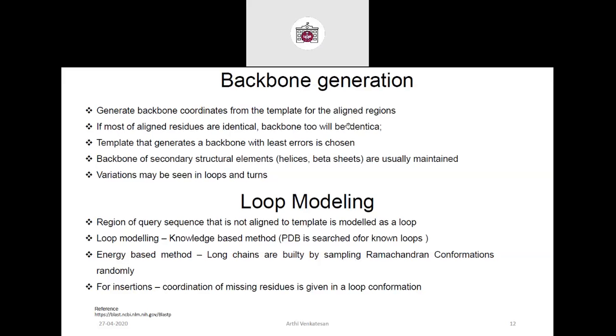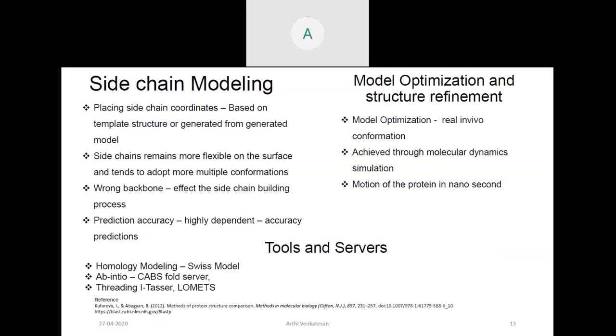The next is side chain modeling. First you have done sequence alignment and alignment correction, then backbone generation and loop modeling, then you go for side chain modeling. Side chain modeling is nothing but, if any side chains are missing, you model the side chains based on your template or generated model. I have mentioned placing side chain coordinates, based on your template model.